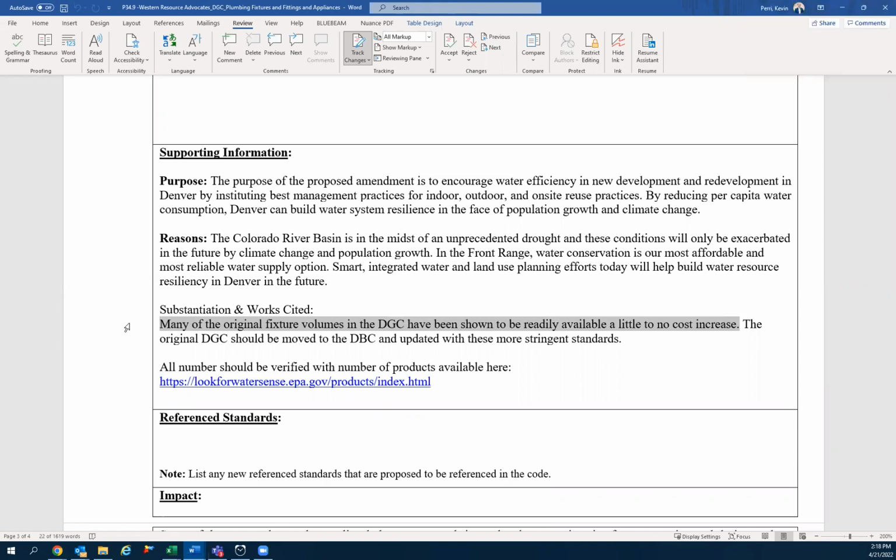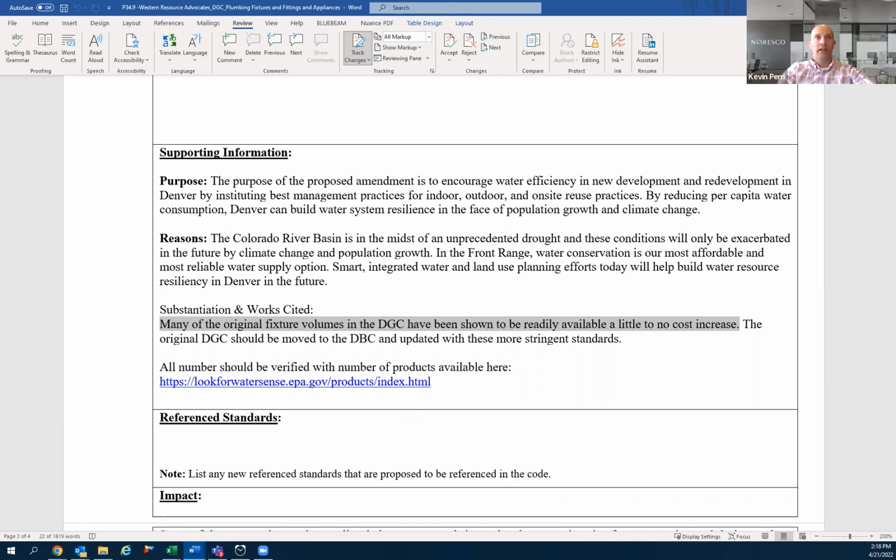This substantiation is based on the market research, much of the market research that we talked about last time. So similar research around the DGC recommendations. What is the availability? How many manufacturers are providing these fixtures? What access is there to them? What's the cost comparison of these fixtures compared to standard fixtures at this point?